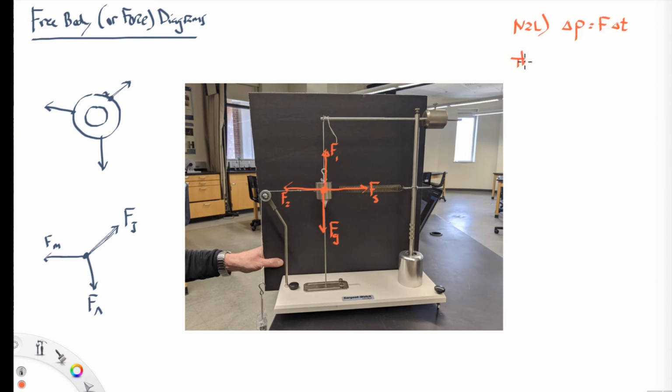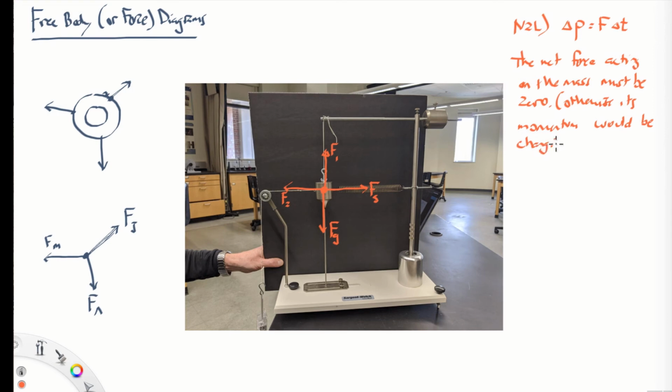So the net force acting on the mass must be zero. Otherwise, its momentum would be changing. That is, it would be accelerating.